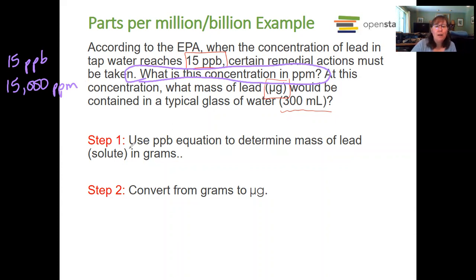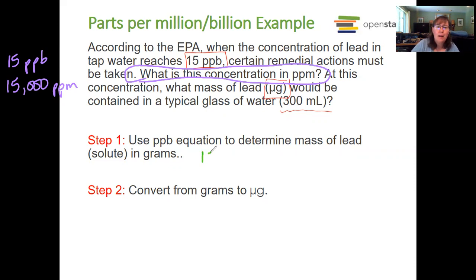Our step one here is to use the parts per billion equation to determine the mass of lead, which is our solute, in grams. We're going to use those equations that I had done before, where the mass of our solute equals what I showed you on the previous slide.